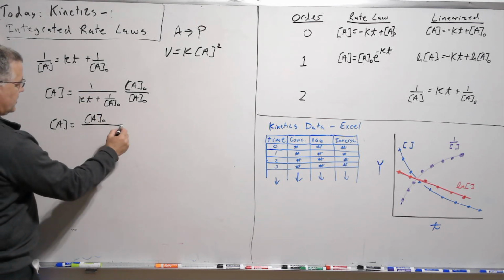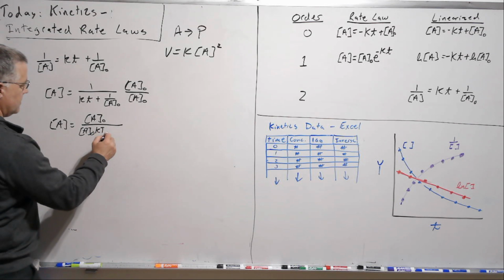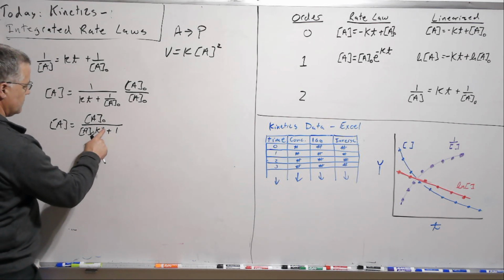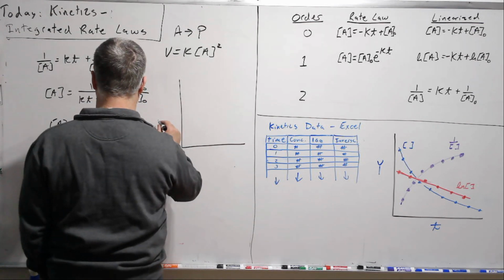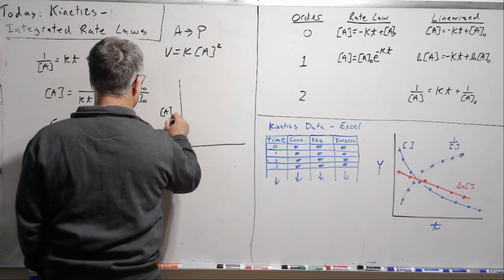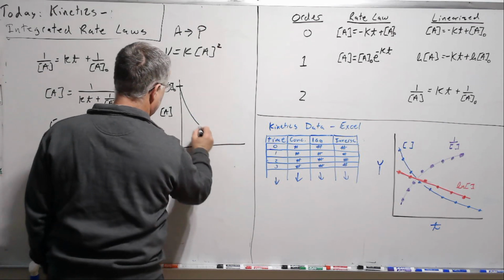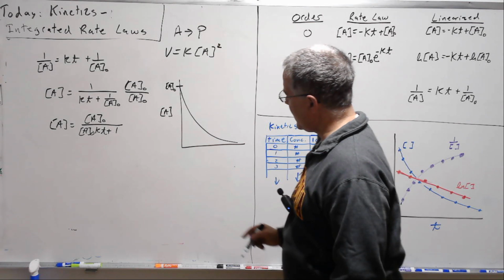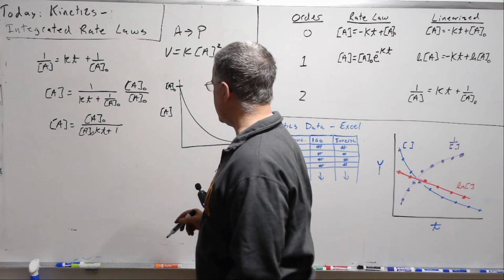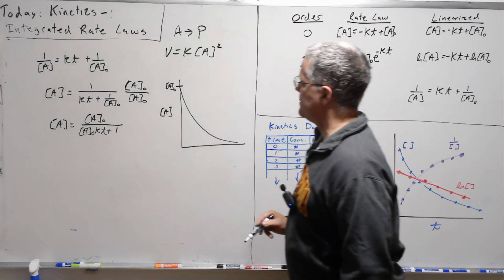So the numerator will be just A naught, and this will be A naught kt plus 1. Right, and if we plot that, that's going to look kind of like a 1 over x. But at t equals 0, plug in a 0 here, and A equals A naught. Okay.